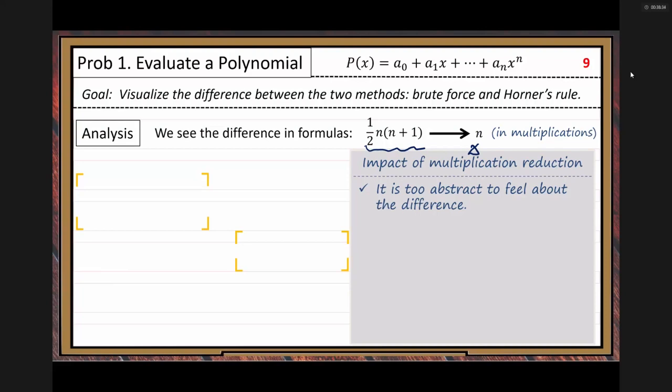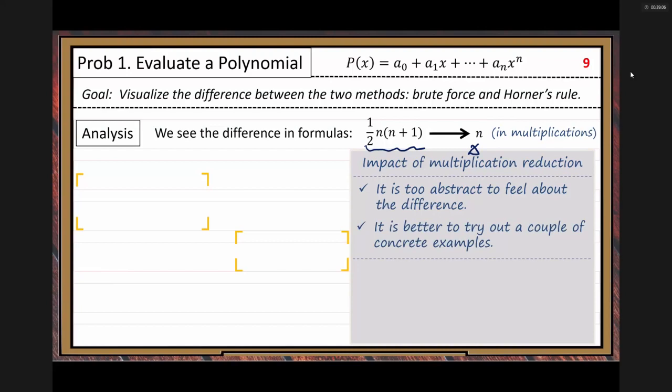Because when you look at the formulas, just symbols and numbers, you do not have any concrete feel about it. You don't have real world experience. So we want to use our real world experience to feel the difference, not an abstract difference.